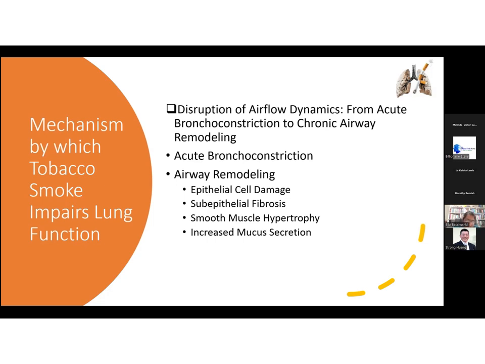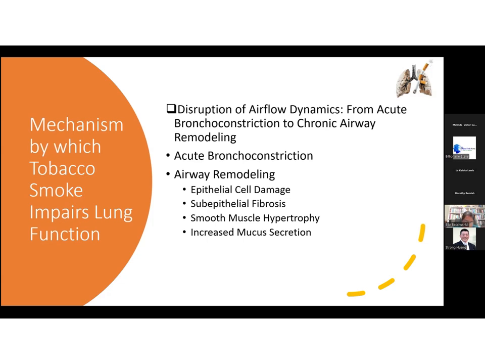The prolonged exposure to tobacco smoke induces structural changes in the airway, which is also known as airway remodeling. In epithelial cell damage, the initial insult of tobacco smoke causes damage to the epithelial cells lining the airway. The smoke's irritants and toxins disrupt the integrity of the epithelial barrier, which leads to increased permeability and inflammation.